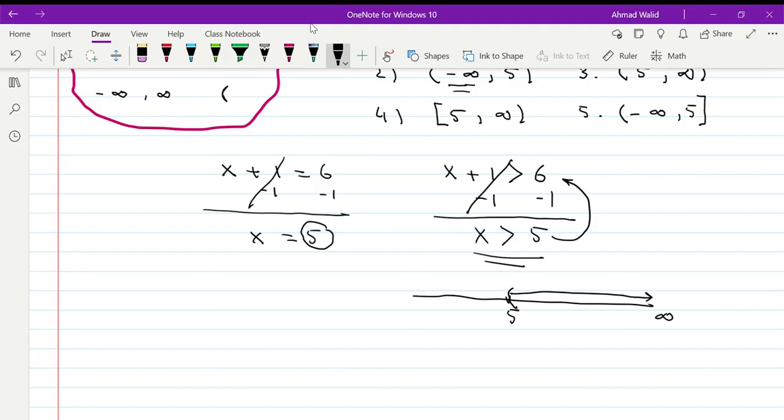Look, I have x plus 1 greater than 6, correct? Any number greater than 5 should satisfy this inequality. For example, if I use 6, 6 plus 1 is greater than 6. If I use 7, 7 plus 1 is greater than 6. But if I use 4, is 4 plus 1 greater than 6? No.